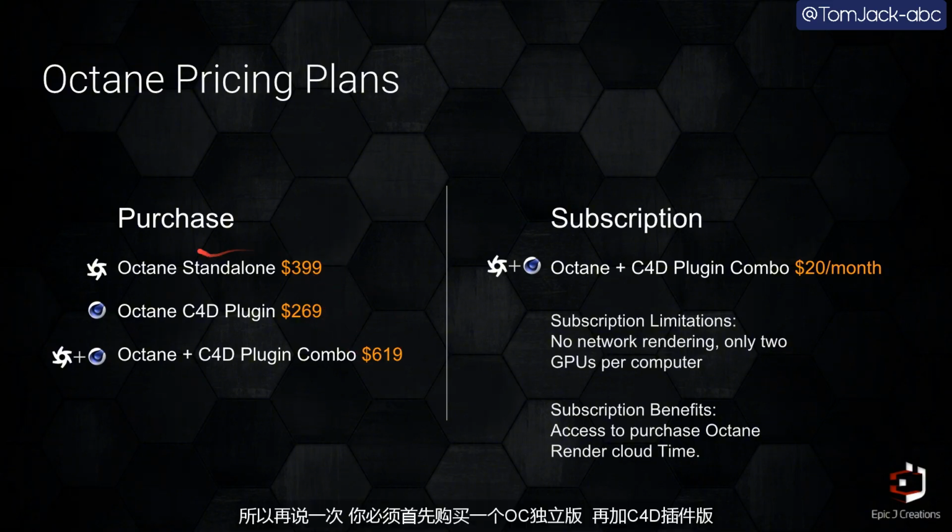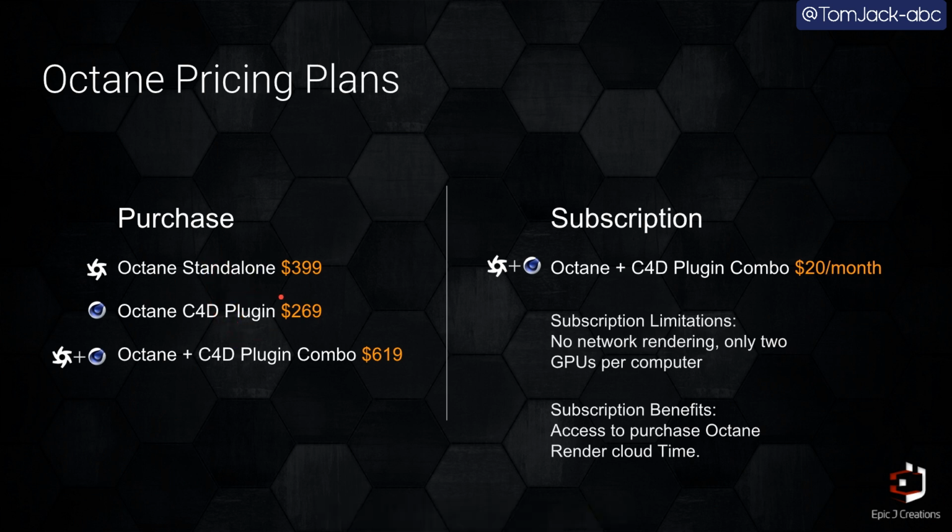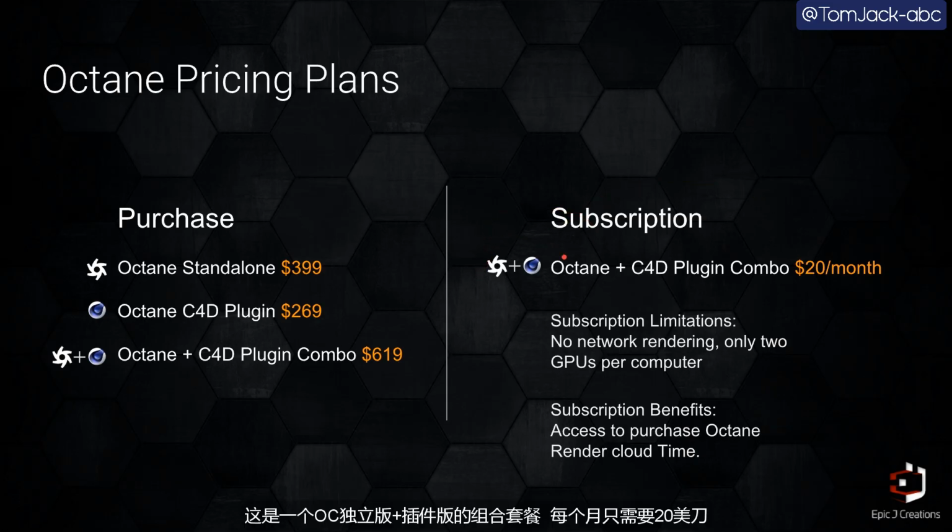So again, you must buy Octane standalone plus the C4D plugin to be able to use the C4D plugin in Cinema 4D. So you must have both. They must be together. Now, say you don't actually have $619 right now to put down on a single license of Octane and the Cinema 4D plugin. That's okay. You can also move to the subscription model. This is the Octane plus C4D Octane combo for $20 a month.